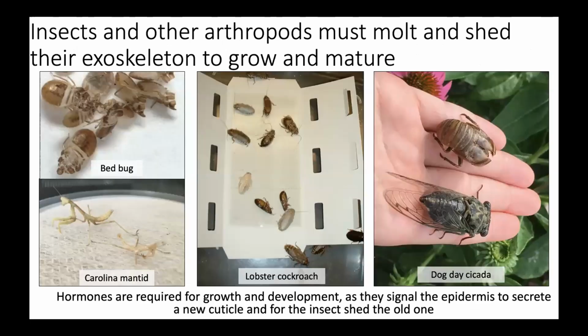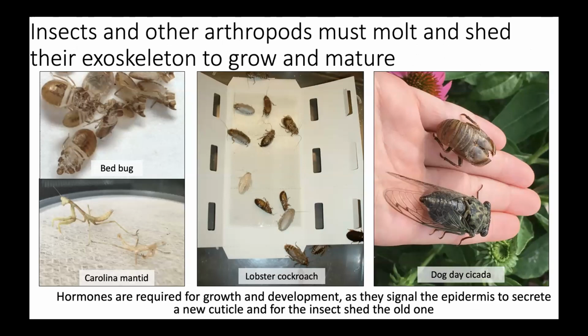So insects and other arthropods have to molt. They shed their exoskeleton and they grow. They get to the next stage. Certain insects have a number of instars or growth stages. We have infant, toddler, teenager, whatever.